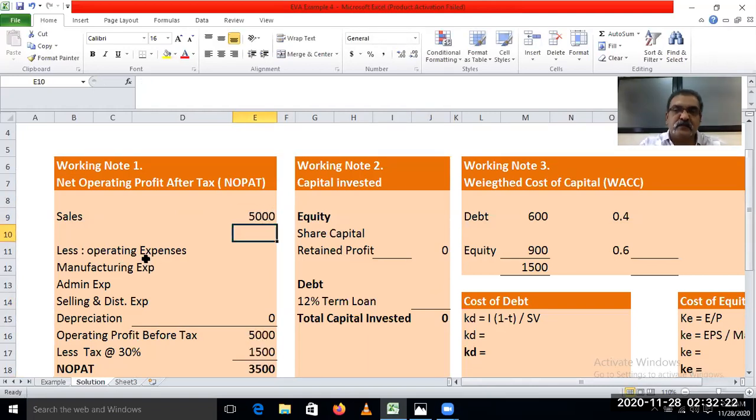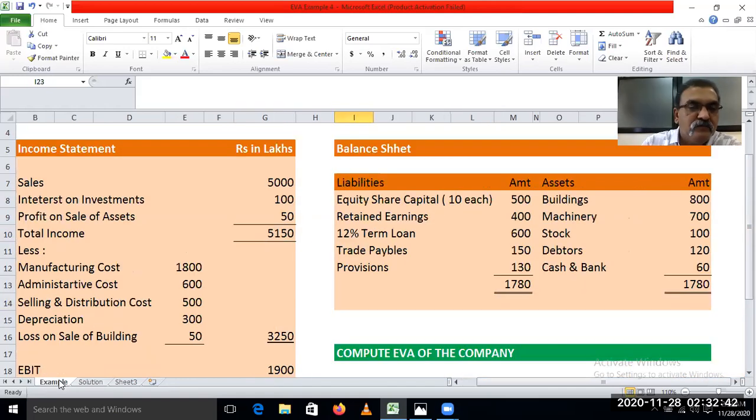Less operating expenses. In operating expenses we consider only manufacturing expenses, administrative expenses, selling and distribution expenses, and depreciation. Other than these four items, nothing will be considered as part of operating expenses. In the example, manufacturing cost, administrative cost, selling and distribution cost, depreciation, and also loss on sale of building are given, and the total of this cost is 3,250.